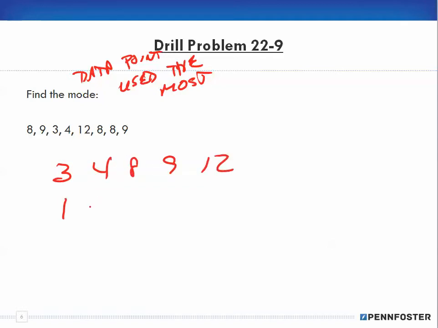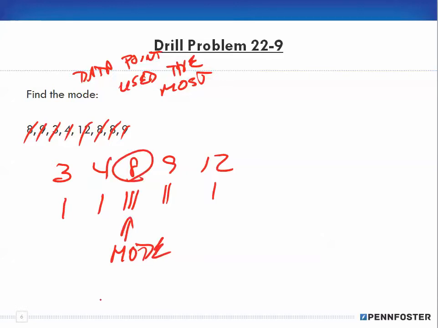So 3 is used once, 4 is used once, 8 is used once, 9 is used once, 12 is used once, then 8 is used a second time and a third time, and then 9 is used a second time. So our mode is going to be 8 because it's been used 3 times, which is the greatest number, the most out of all of these data values. So that's what the mode is.